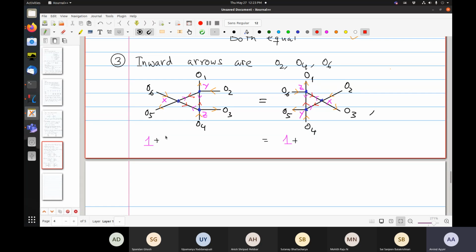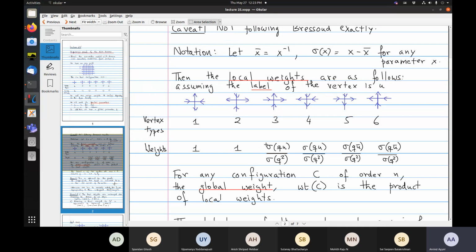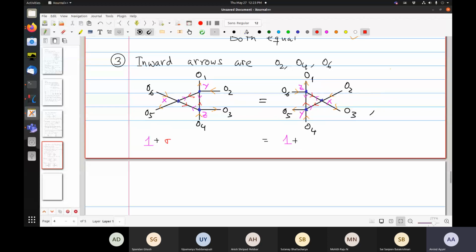So now let's see what's going to happen on both sides. Let's look at x over here. So x is from here down and right. Down and right is sigma q x bar. Let's look at y.